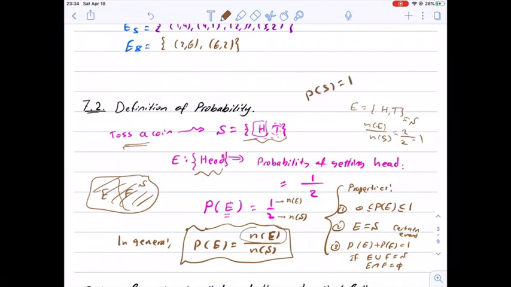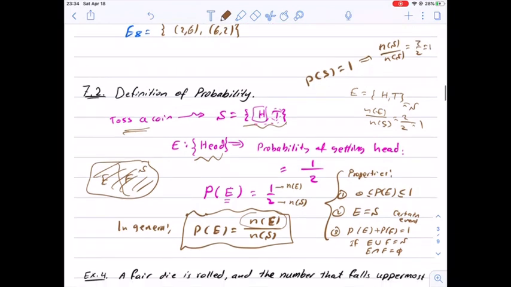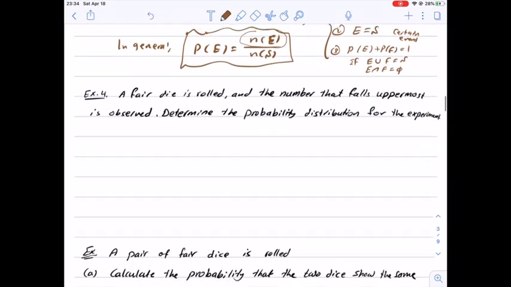And this is very important. Probability of S is equal to 1, because it's the number of elements of S over the number of elements of S, so for our example, 2 over 2, and that's equal to 1.